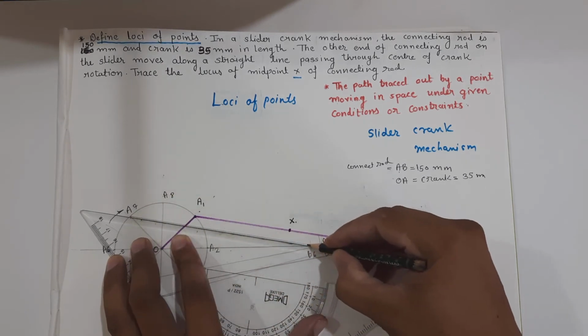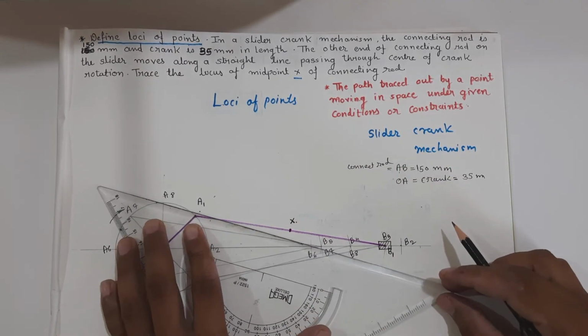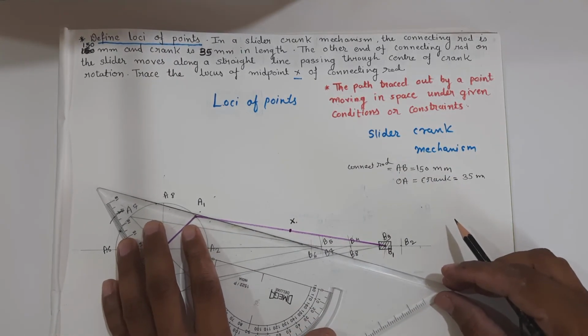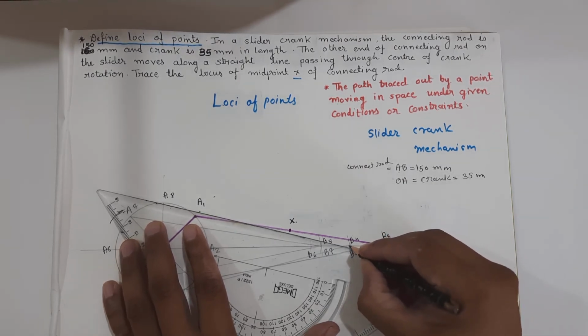These are the different positions of the connecting rod with reference to the position of the crank. Now A8, B8 over here.